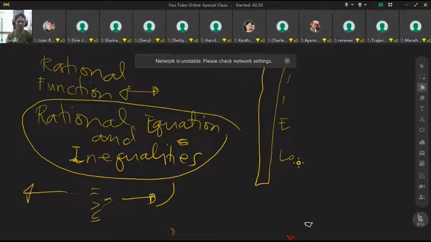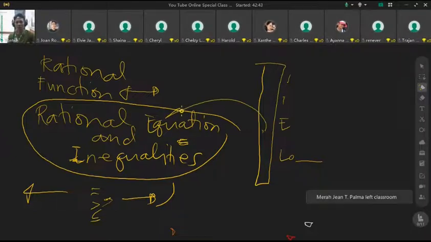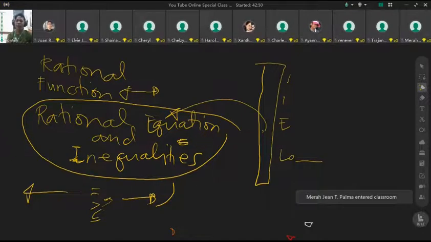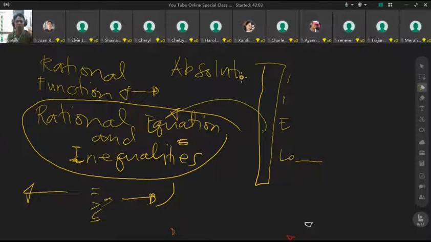Then after finishing logarithmic function, I will go back to rational equations. The rational equation is last week, and the topic this week, I forgot, is absolute value function.